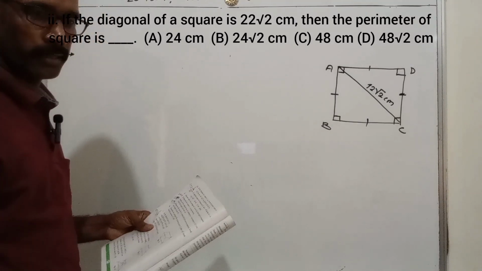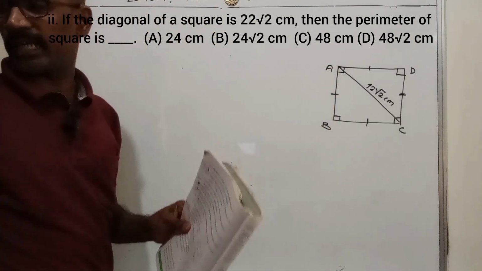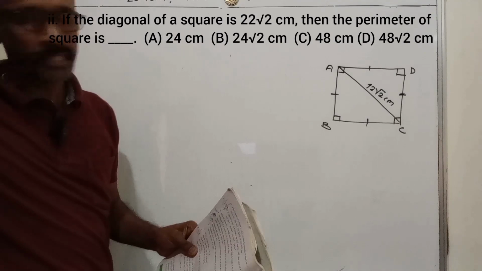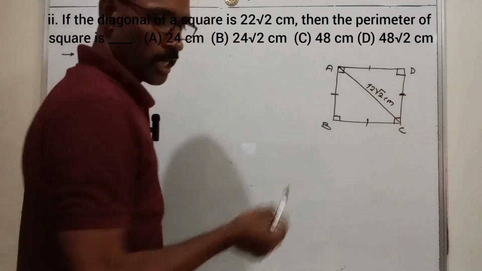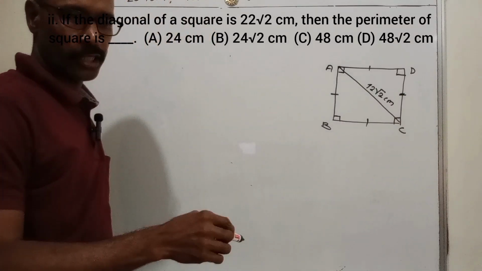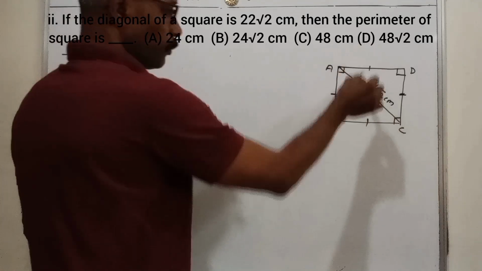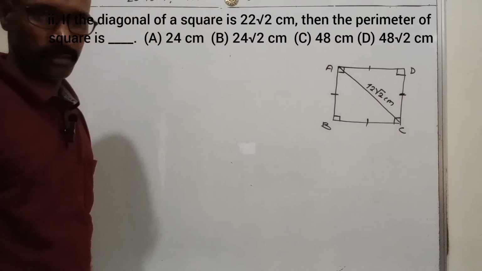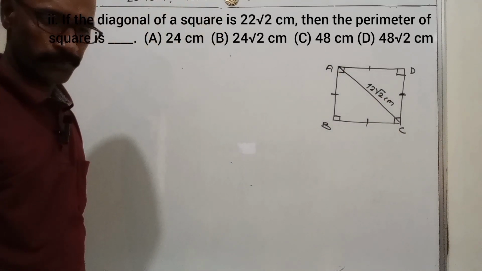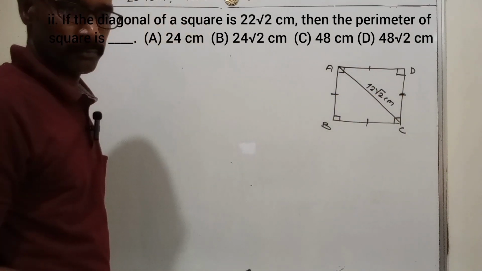We will find it. Okay, now different characteristics of a square. All sides are congruent, diagonals are congruent, each angle is a right angle, opposite sides are parallel. Did you get it? Now the question, find the perimeter.